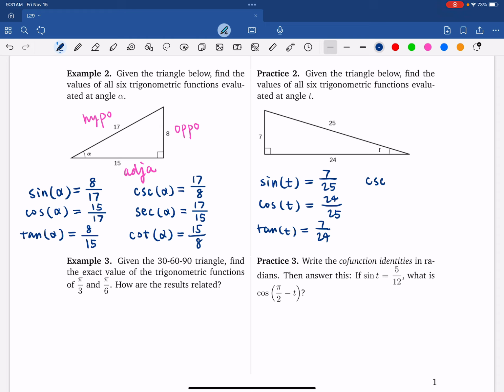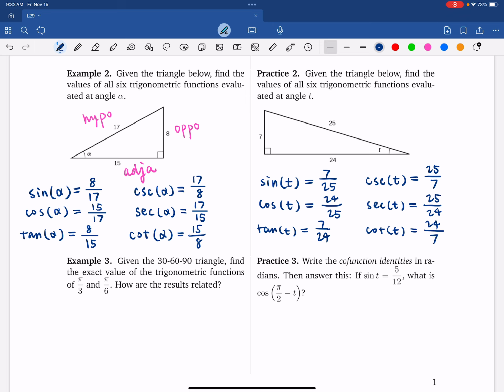Next is cosecant of t. It's 25 over 7. And then secant of t is 25 over 24. And finally, cotangent of t is 24 over 7. So check your answers, see if they are right.